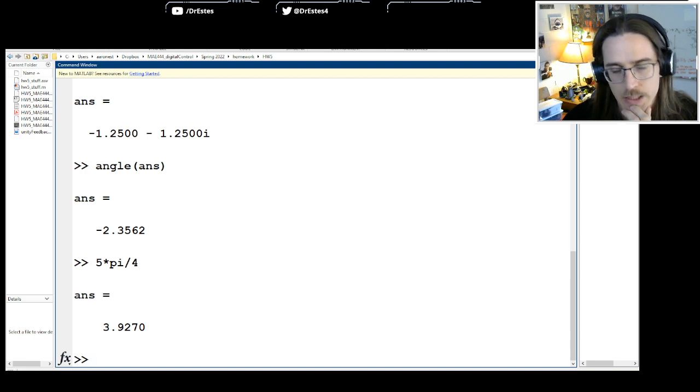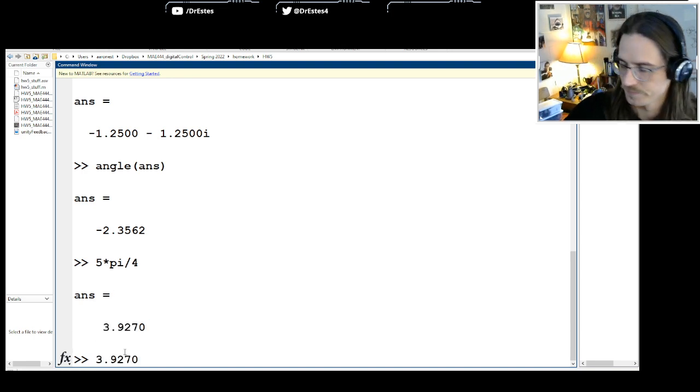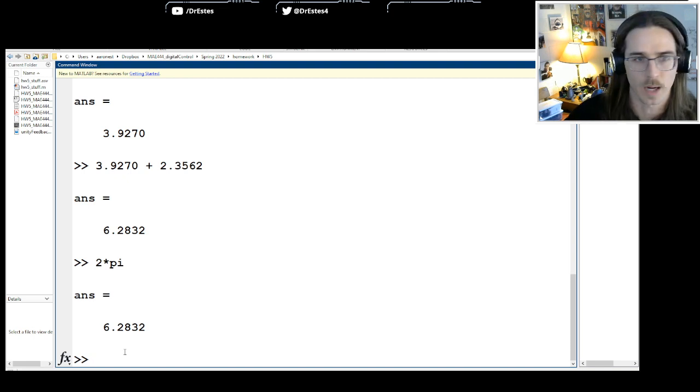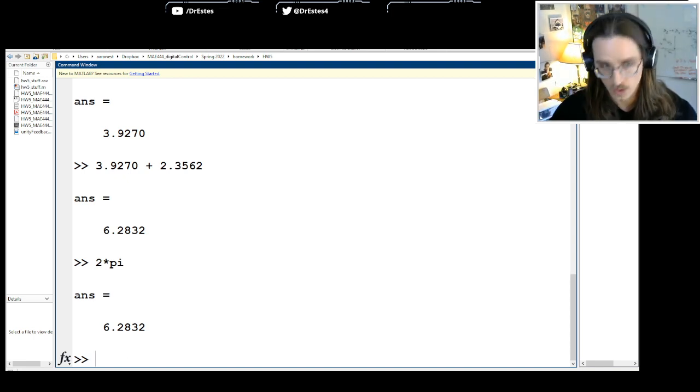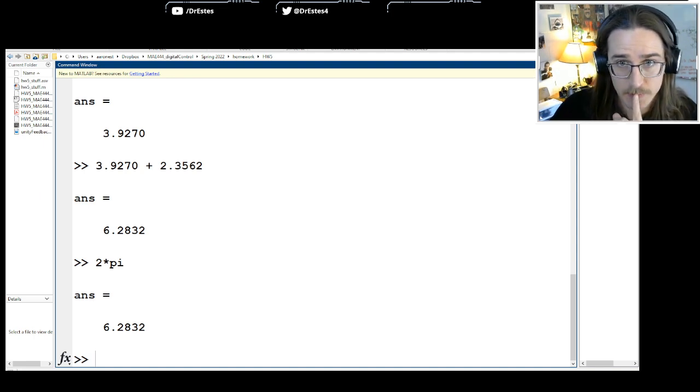It's just 3.9 radians is the same as minus 2.3. Like if you add these up, they'll add up to 2 pi. So it's the same angle. All right. So this is another way to calculate the phase angle.